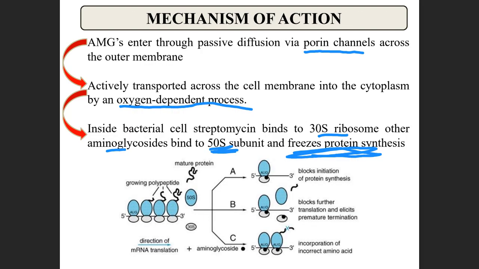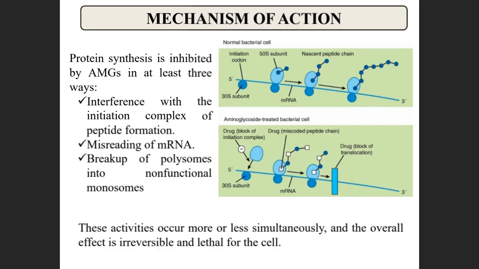So here what we have said, inside the bacterial cell, the streptomycin binds to the 30S ribosome, whereas the other one binds to the 50S type of ribosomes. And the mechanism behind it is that protein synthesis is inhibited by aminoglycoside in three different ways.